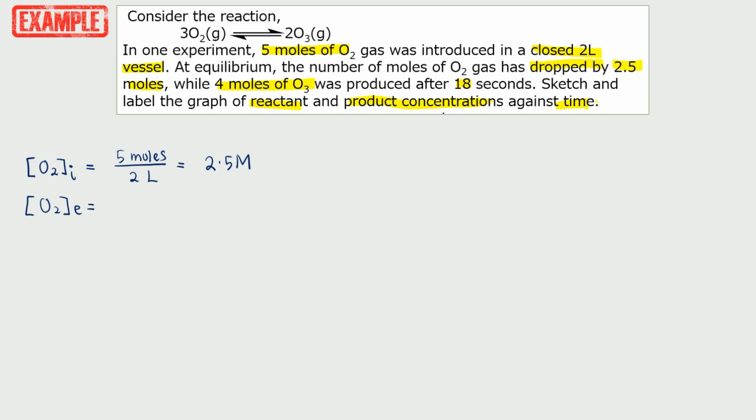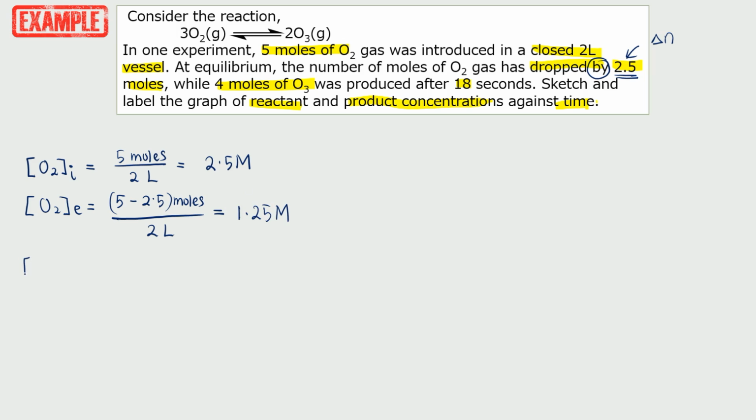The question says dropped by, which refers to the change in moles, so this is not equal to the moles at equilibrium. So you have to calculate: initial moles is 5 minus 2.5 moles, so we get 1.25 molar.